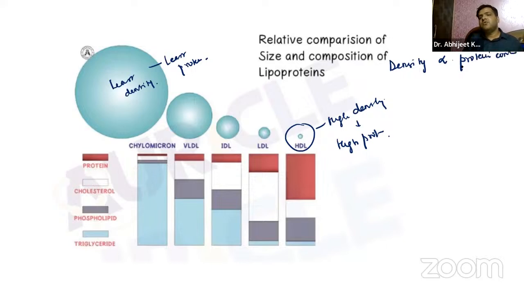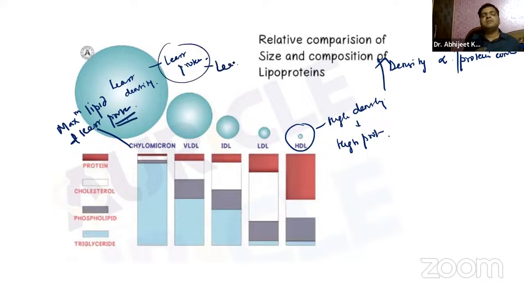More protein content, more density. Obviously HDL contains more protein as compared to the lipid part, whereas the chylomicron contains maximum lipid and least protein, so it has the least density. That is something you have to remember over here.